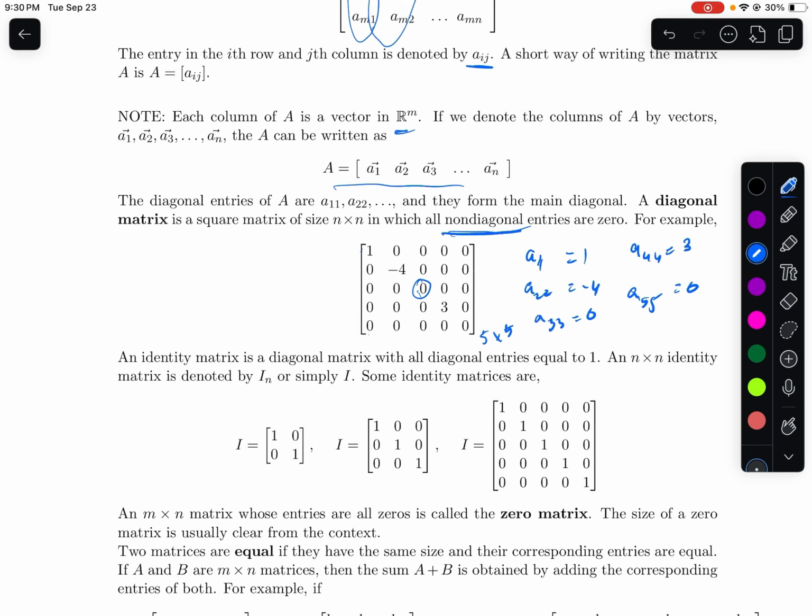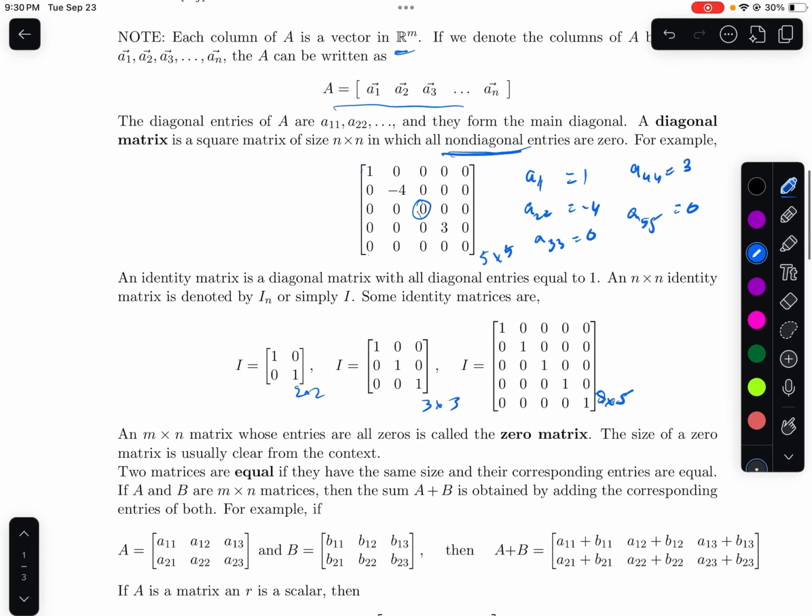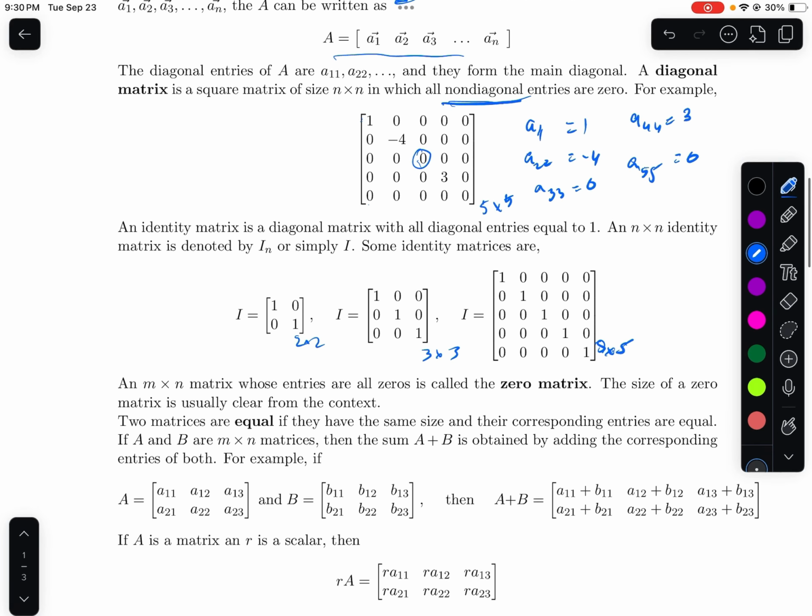So an identity matrix is a diagonal matrix, so it means it's a square matrix with all the diagonal entries equal to 1. An n by n identity matrix is denoted by I sub n or simply I. Some of these identity matrices are written here.